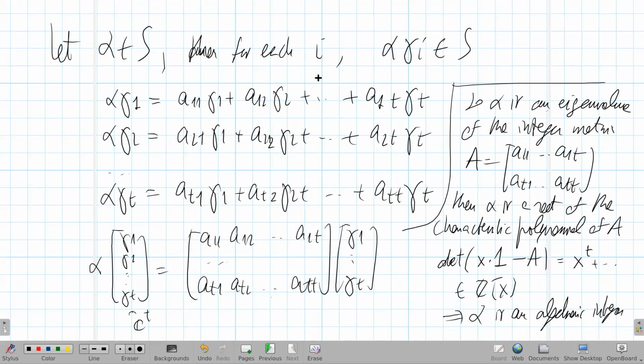Okay, now that we have proved these facts, we can have a first application of our theory to prove this important fact that I had announced already yesterday.